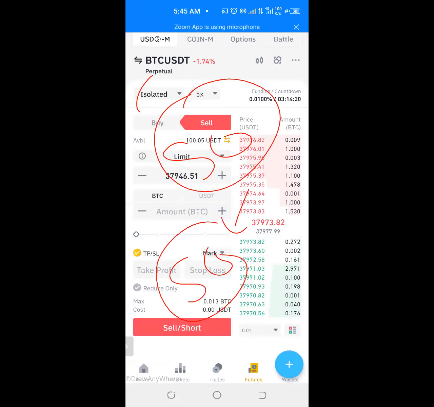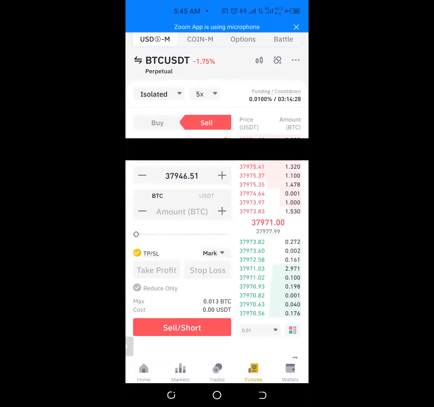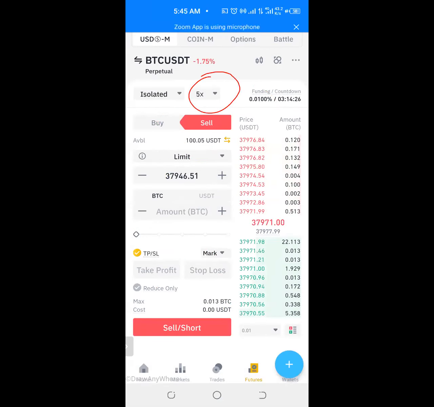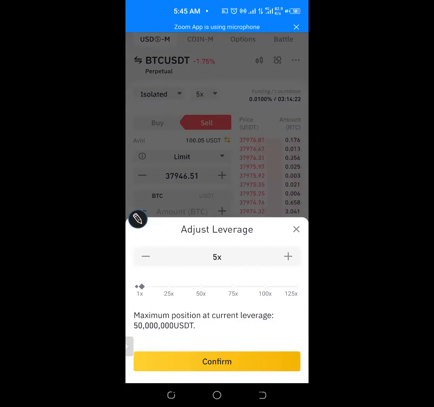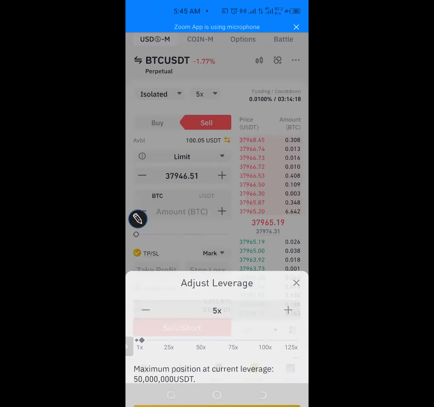Now, we are going to have the option of leverage. You're going to see 5x to even 125x. What does it mean?